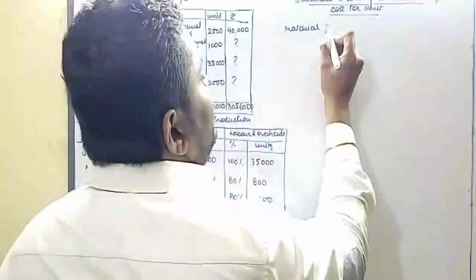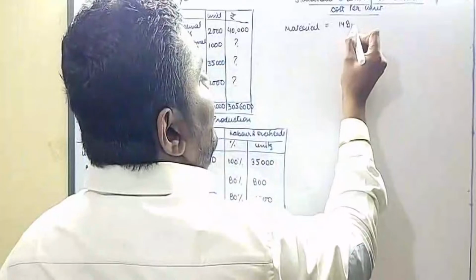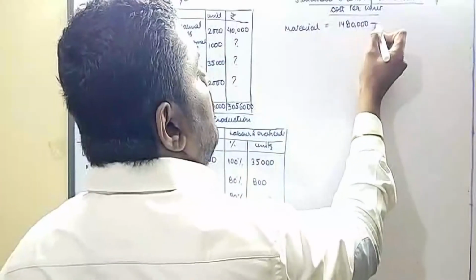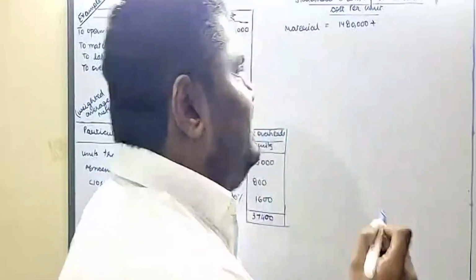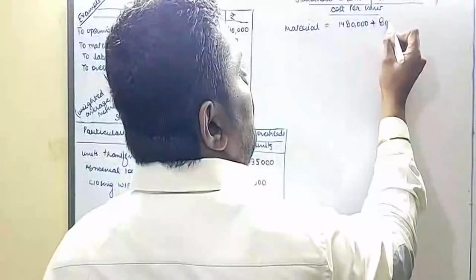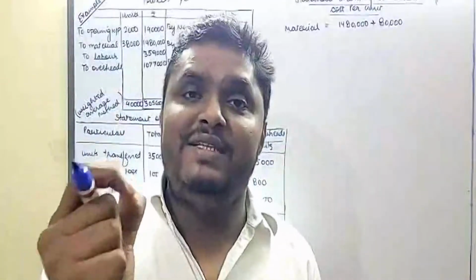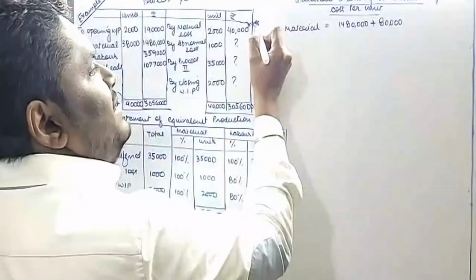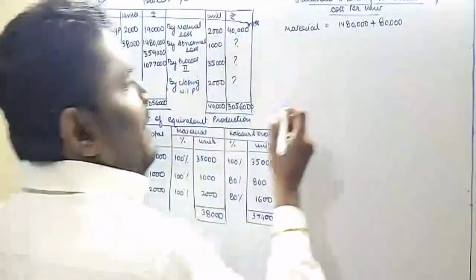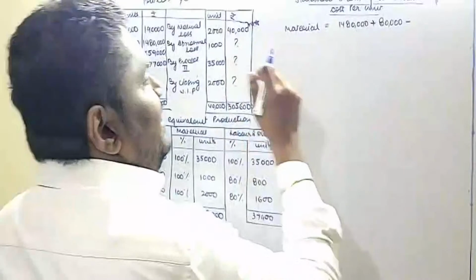The cost incurred this year in respect of material is 14,80,000, plus the cost incurred in the previous year in respect of material is 80,000. Now, very important point, guys, please don't forget to deduct the scrap value realized on sale of normal loss, that is the saving in the cost, which is 40,000.